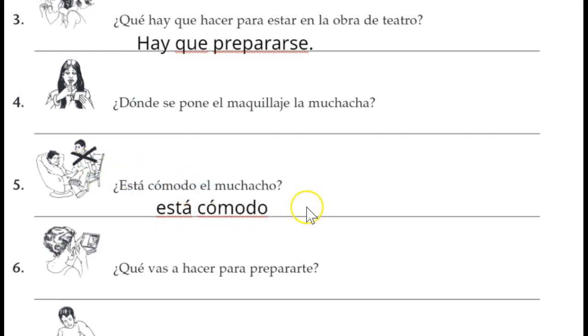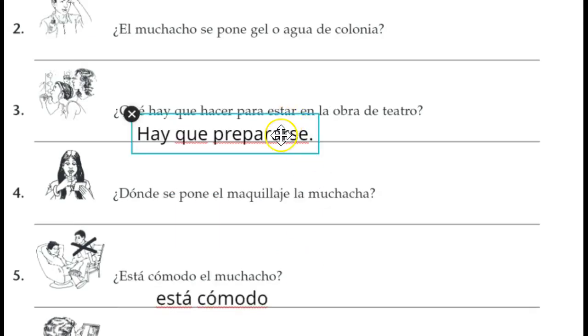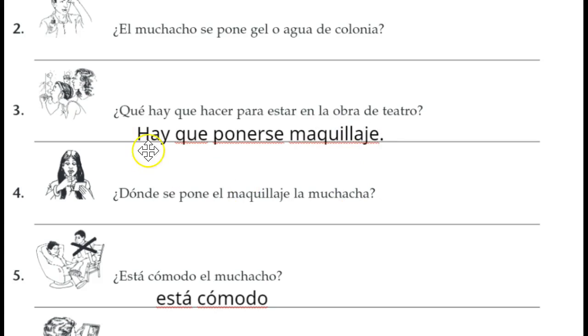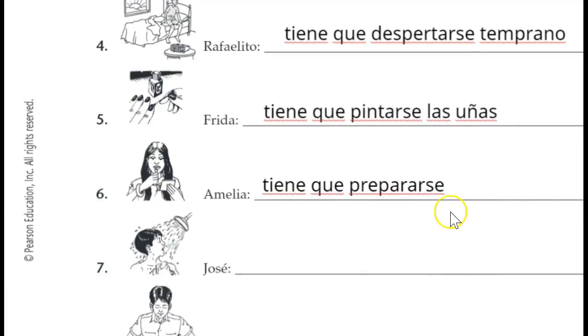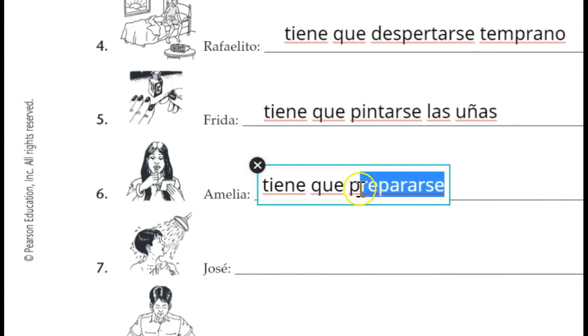Now, in your answers here, you could say ponerse maquillaje. Ponerse maquillaje. All right, you have to put on makeup. Donde se pone el maquillaje. Right? And actually up here, we might even change this to tiene que ponerse el maquillaje.